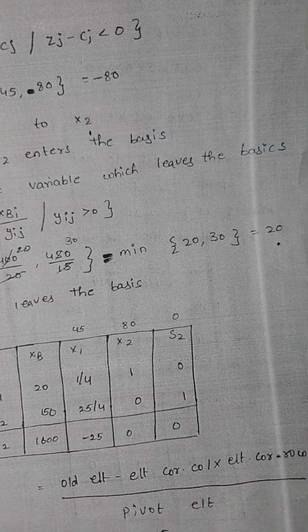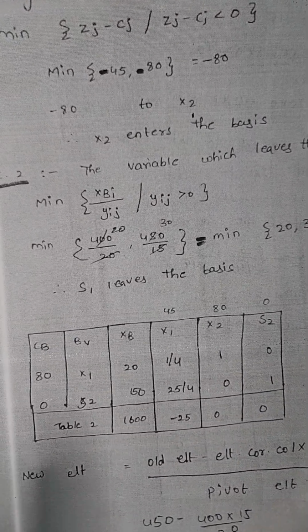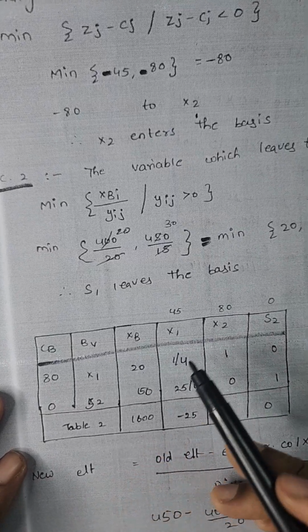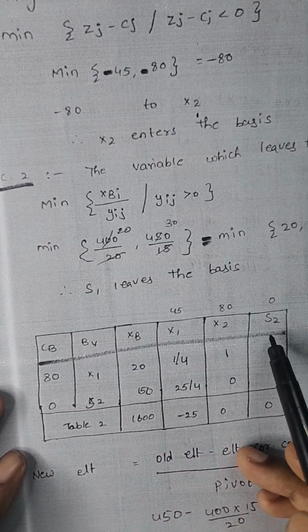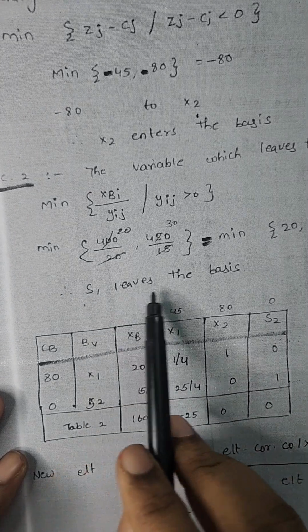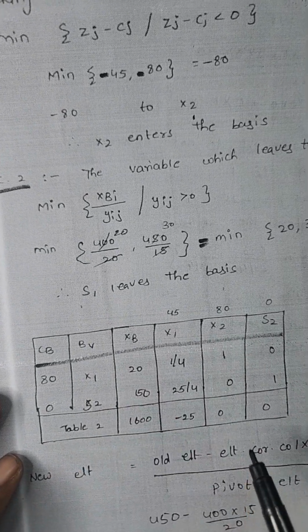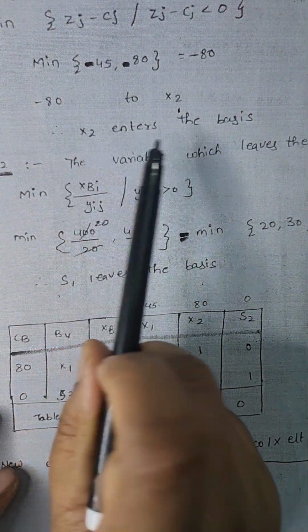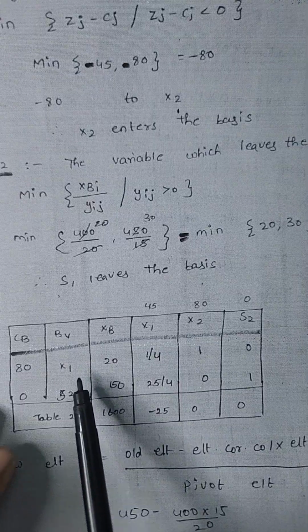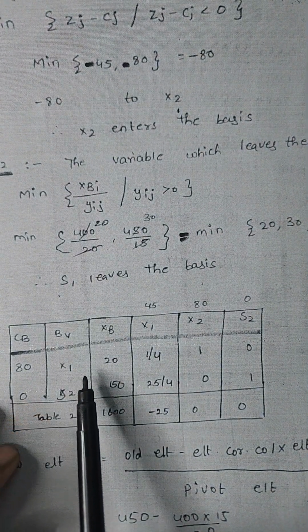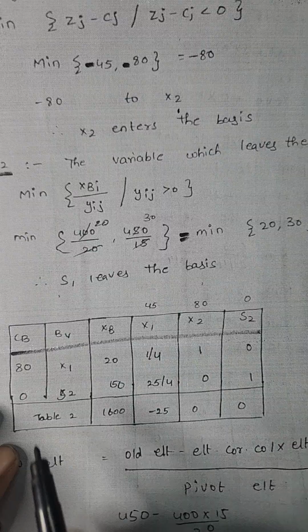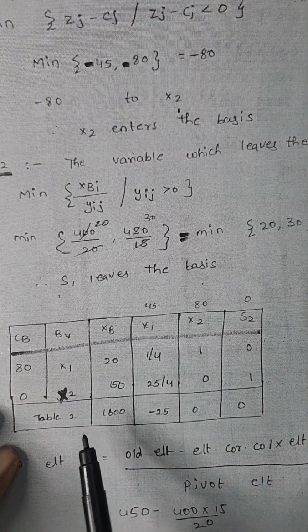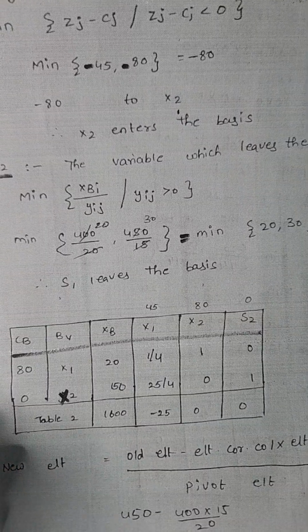Okay, now we will form the new table. So in the new table we have CB, basic variables XB, X1, X2, S2. Why not S1? Because S1 leaves the basis, so we can remove S1 from here. S1 leaves the basis and X2 enters the basis.